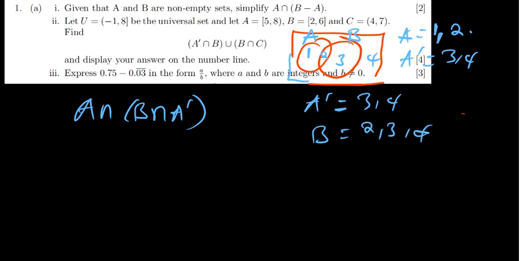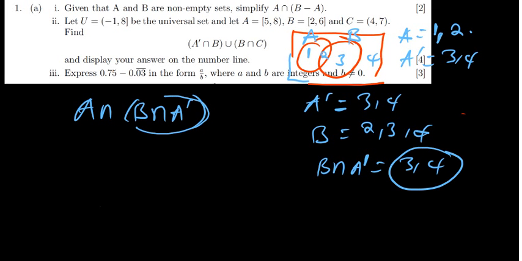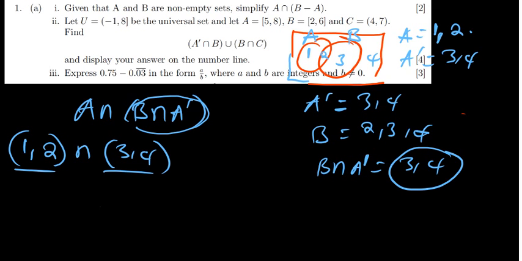Now let's find B intersection A complement. B intersection A complement is 3, 4. Have you seen this, right? Meaning this is what we have here. Now what is A? A is 1, comma 2. So this is A intersection, and this one we have found is 3, 4. So we want to find the intersection between this and this. Have you seen now? What is the intersection there?